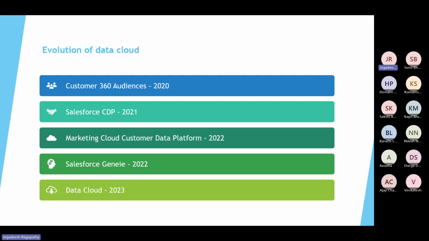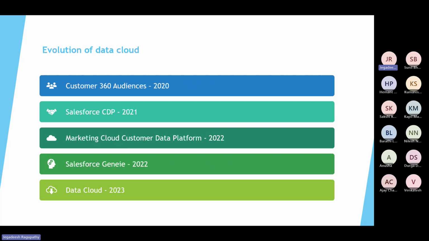Here is the evolution of data cloud. In the very beginning, the marketing cloud platform was the only platform that used data cloud, which was revolutionary, before it was used across all the Salesforce environments.